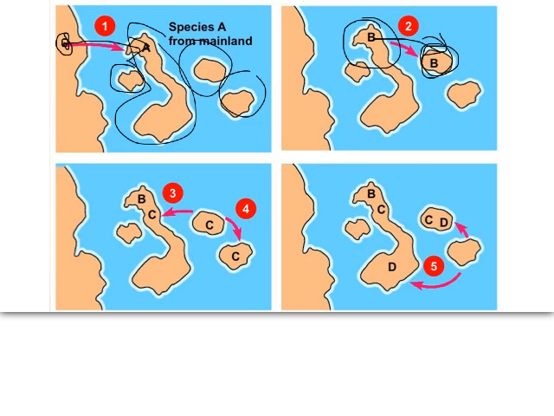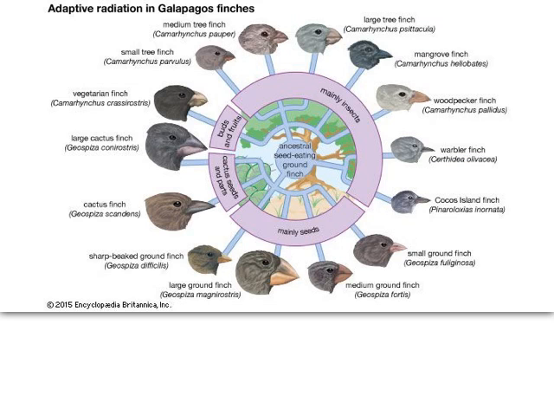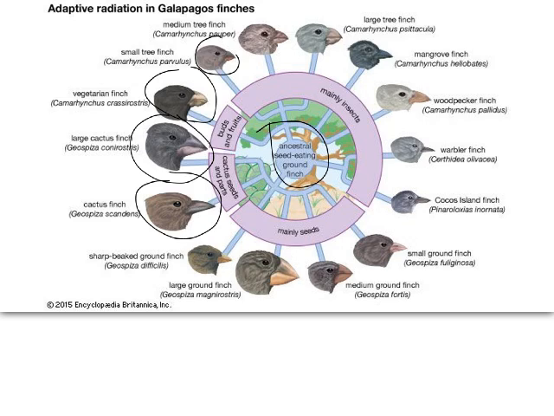And again, as time passes, they keep moving from island to island and adapting to these new areas until all the individuals that live on each of these islands are different species because they have adapted to different environments and can no longer mate. So this is why there are so many different species of finches in the Galapagos, because each one adapted differently to a different island. This is an example of adaptive radiation. They all had some common ancestor, but they radiated out and adapted to a different environment.